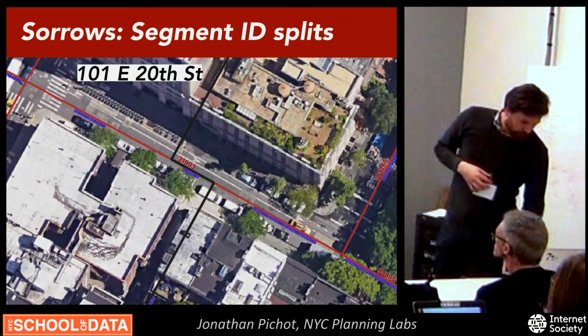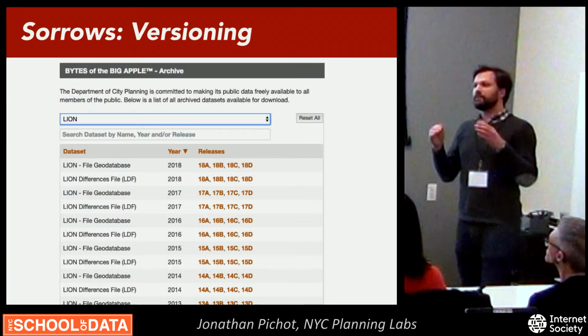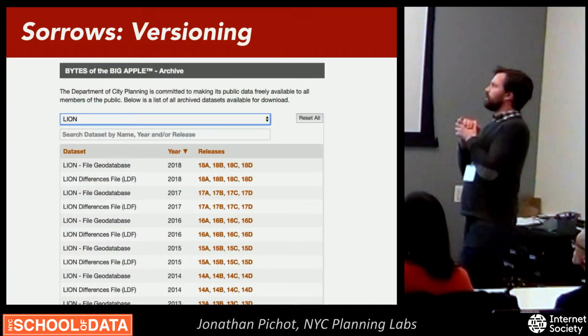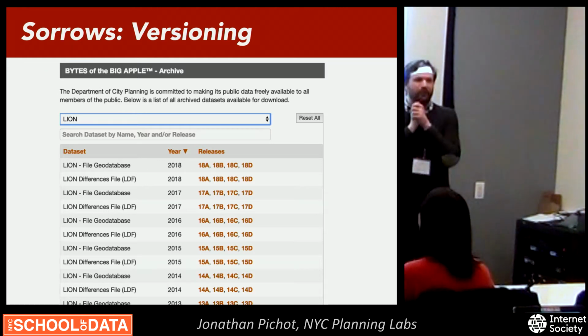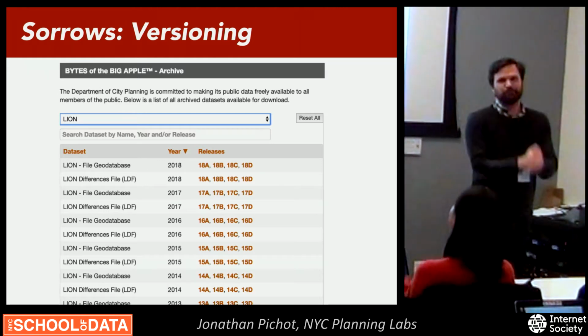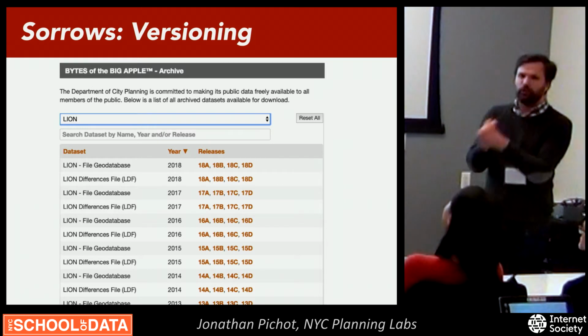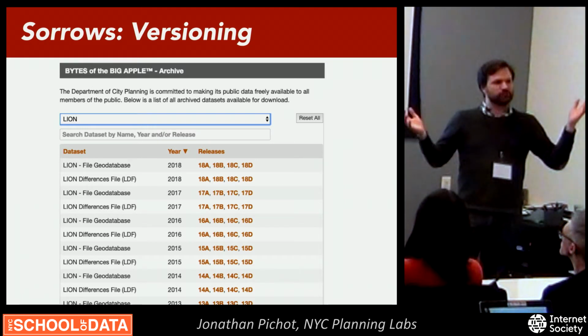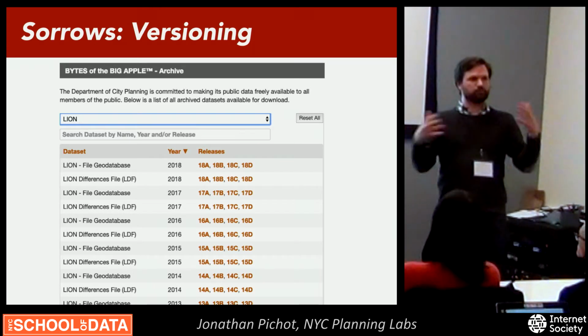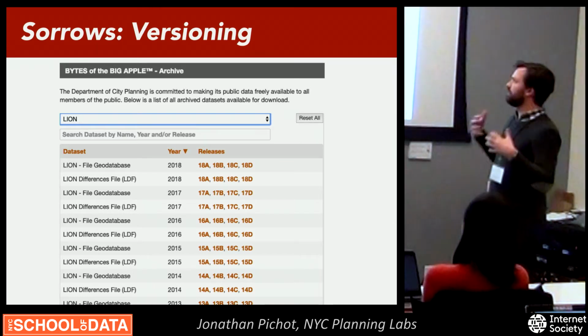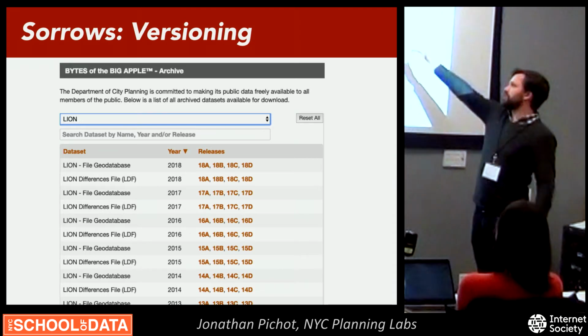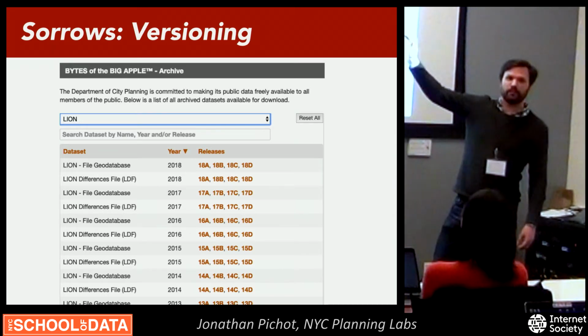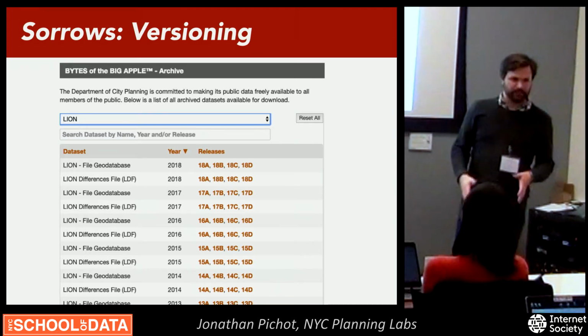Segment IDs get really tricky because they're versioned. So when things change and we split a segment ID, the two new segment IDs, I can't tell you what those are. There's no system for me to predict what they might be. The only way is to look at a difference file or to get the latest LION data set.